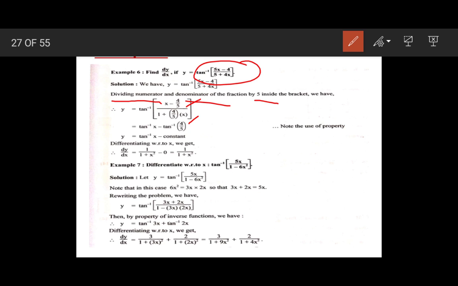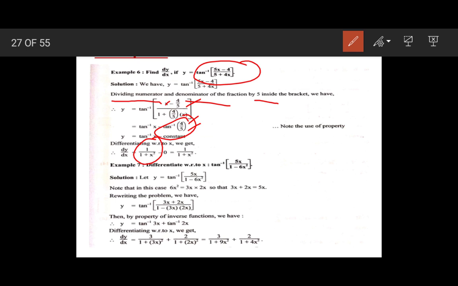Now this is exactly in the form of tan inverse (x minus y) upon (1 plus xy), which is equal to tan inverse x minus tan inverse y. So tan inverse x minus tan inverse 4 upon 5. Okay. So the derivative of tan inverse x is 1 upon 1 plus x square. Then tan inverse 4 upon 5 is a constant, so its derivative will be 0.